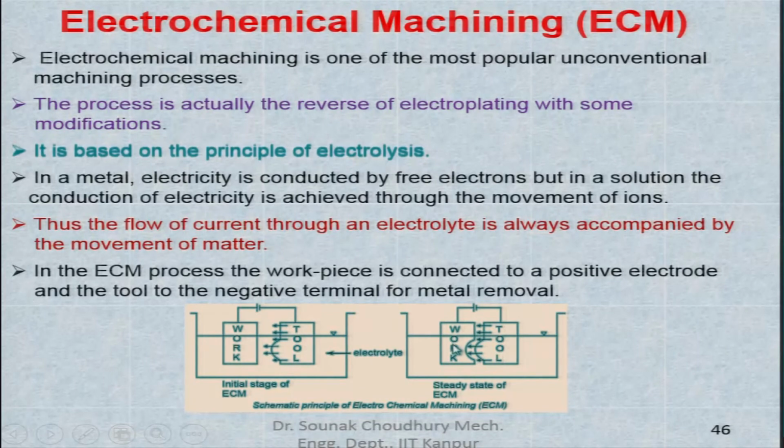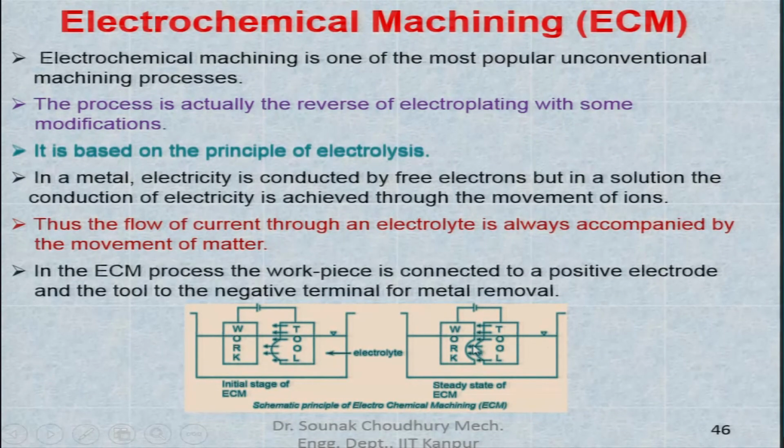Both workpiece and tool are dipped in the electrolyte, and machining starts when the standoff distance between them is certain. Now, this will be the steady state of electrochemical machining, and as the material removal becomes more, the distance becomes more.